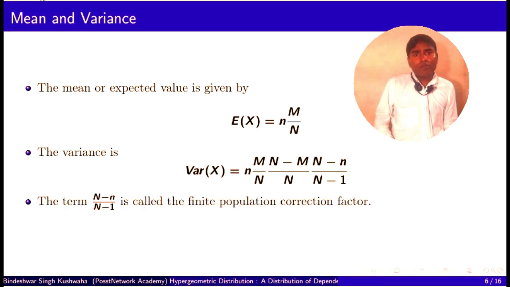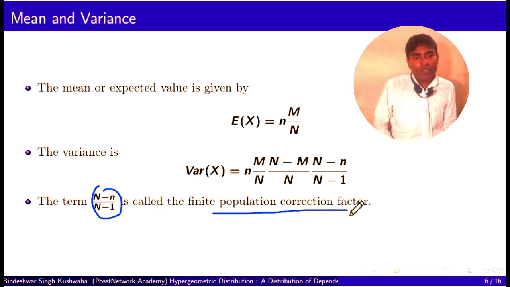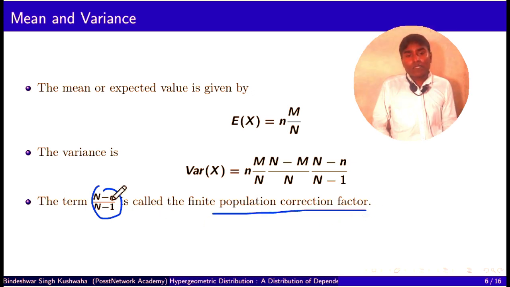Here the term N minus n upon N minus 1 is the finite population correction factor. You will see this formula when you are doing sampling without replacement in other cases too.